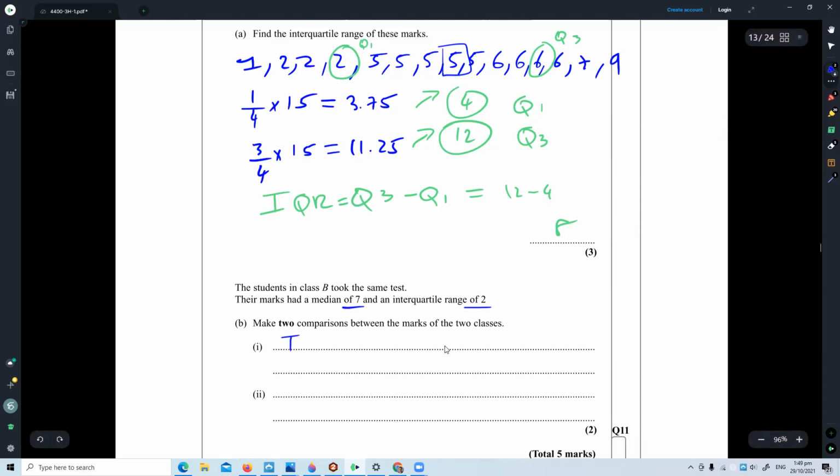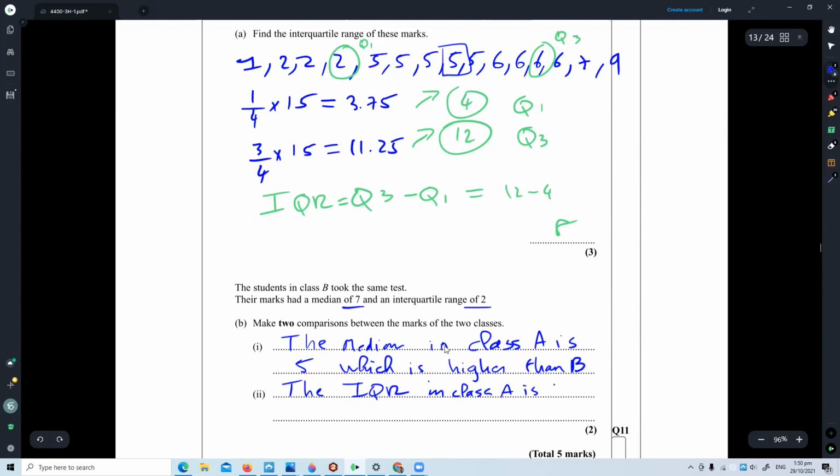So the median in class A is higher. So you just say that the median in class A is 5, which is higher than B, because B has 2. And then you say the interquartile range in class A is 8, which is larger than B, because it was 8 before and now it's 2.